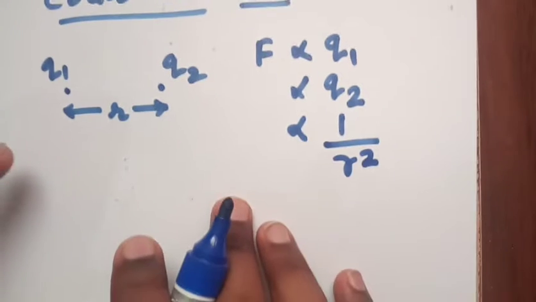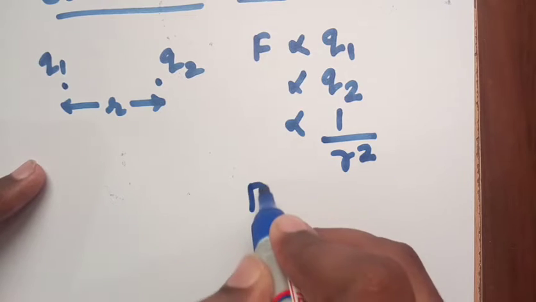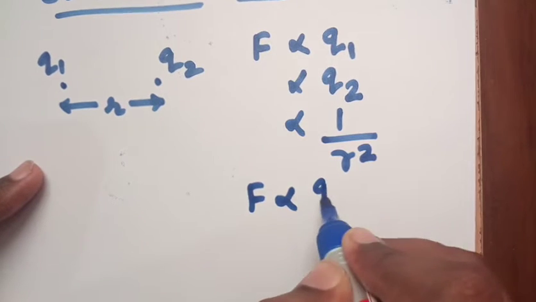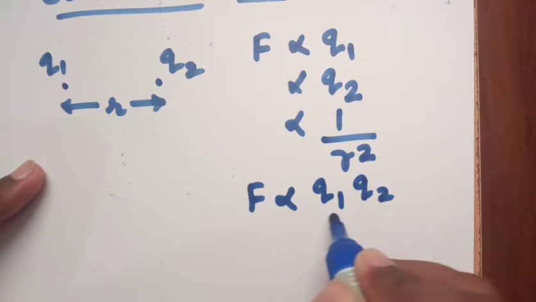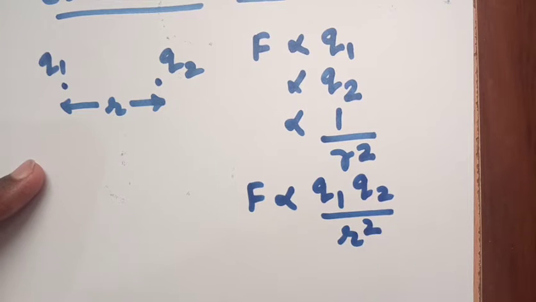So we can sum this up as F is directly proportional to Q1 Q2 upon R square.